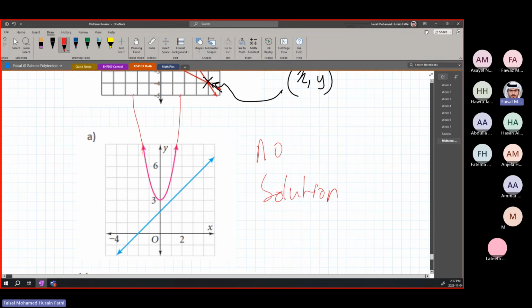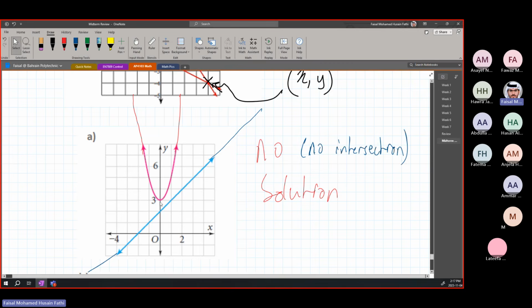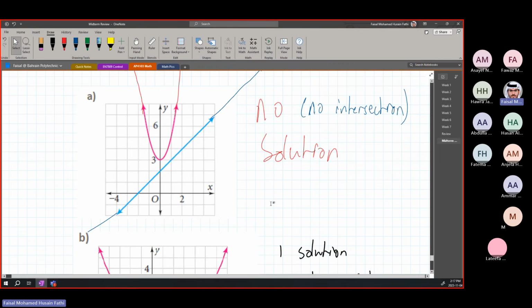They will never intersect at any point, all the way here, all the way here. Because there is no intersection point, it means there is no solution. That's the idea of the first graph.